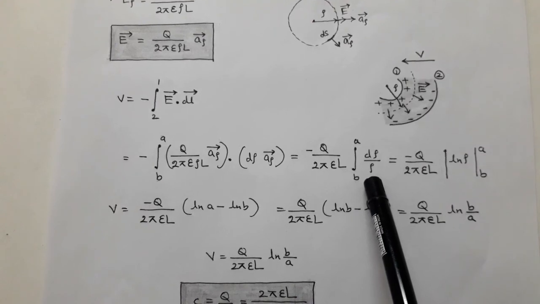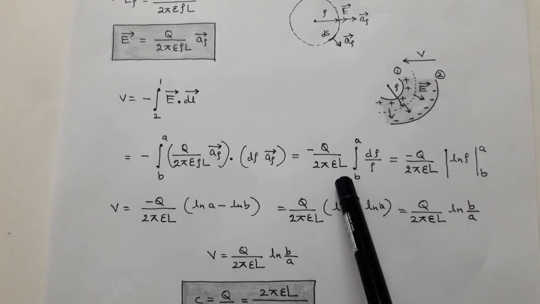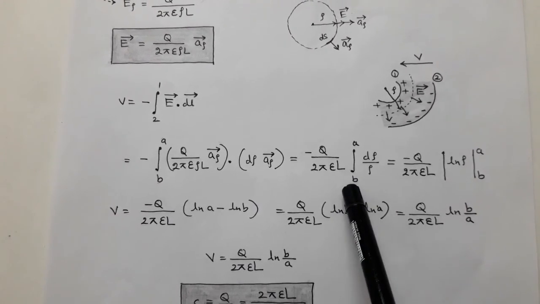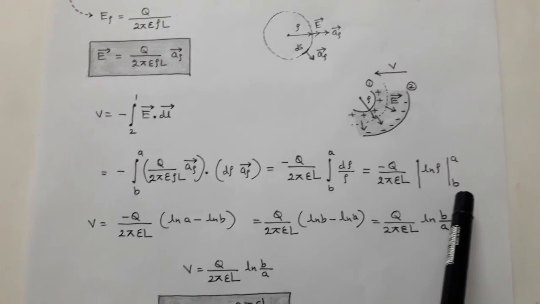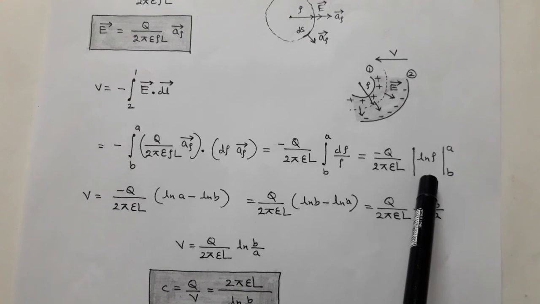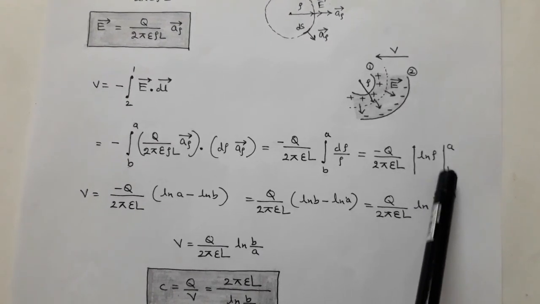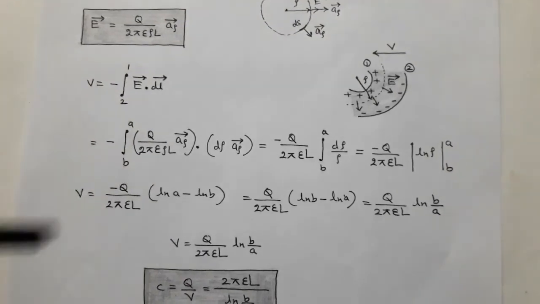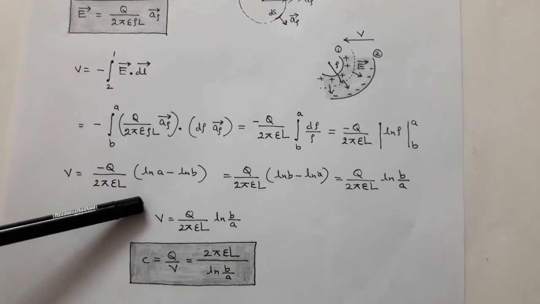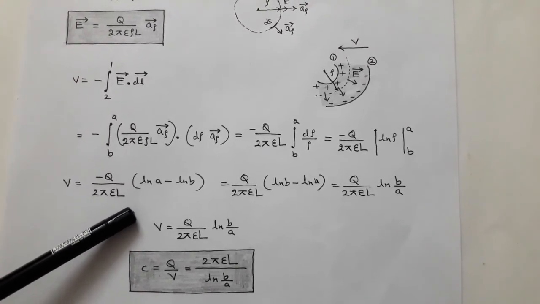So we can write minus Q upon 2 pi epsilon L integration d rho upon rho, and the limits are b to a. As we know, the integration of 1 upon rho d rho is natural log ln rho, and we put the value of limits here. So potential V equals minus Q upon 2 pi epsilon L within bracket ln a minus ln b.